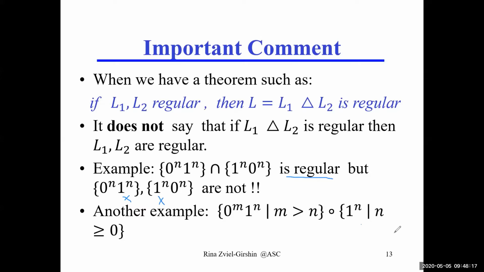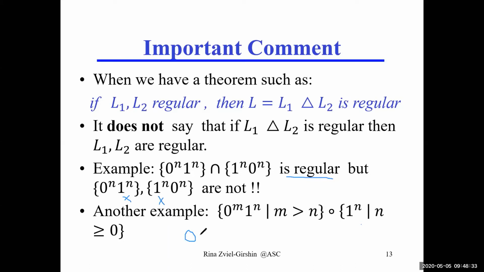So let's see what the resulting language will be. And why am I claiming that the resulting language is a regular language? Because let's say m and n are different numbers, so maybe we can count each of them individually? Yes. And I have to prove that this language is regular.